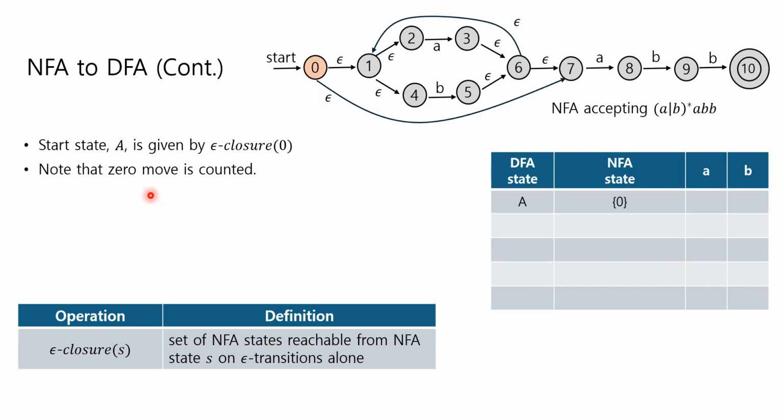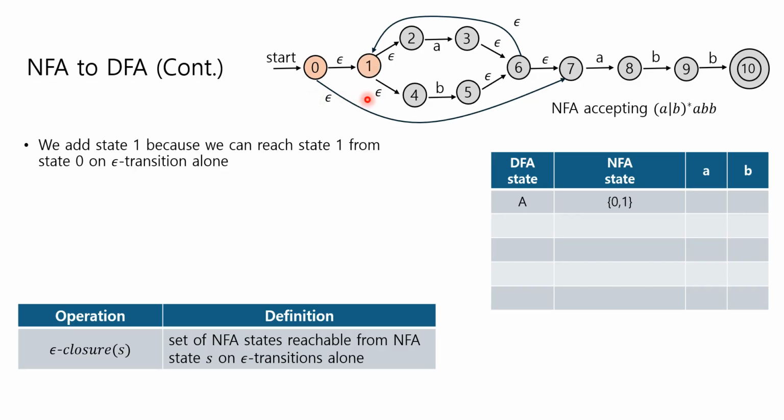Because we also add a 0 move, we also add 0. And as I mentioned earlier, we also add state 1. And state 2 is reachable from state 0 on epsilon transitions alone through 0 to 1 to 2. So state 2 is in the result set of epsilon closure of 0.